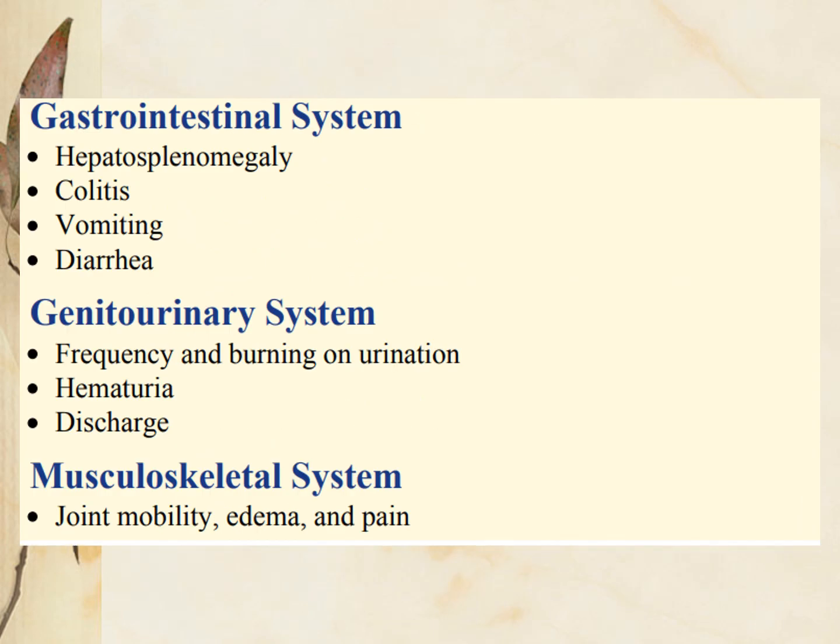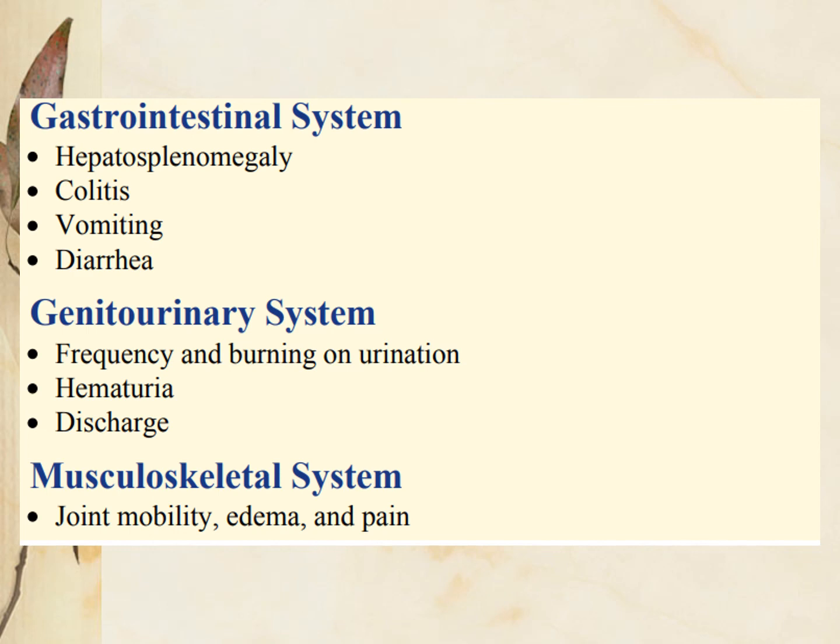For the gastrointestinal system, you have to check for hepatosplenomegaly, or inflammation or enlargement of the liver and spleen, colitis, vomiting, and diarrhea. For the genitourinary system, you can check for frequency and burning on urination, hematuria, and any discharge.